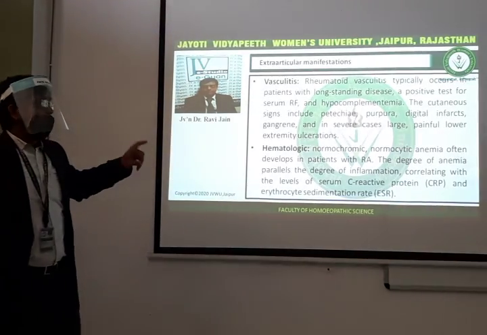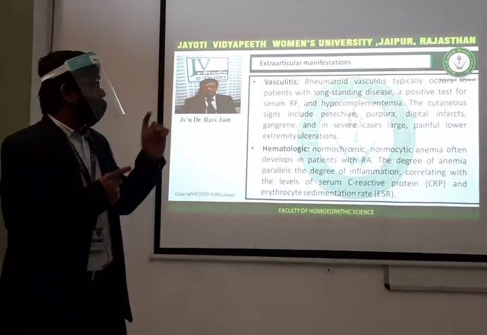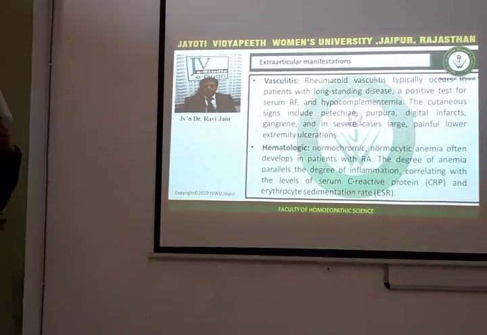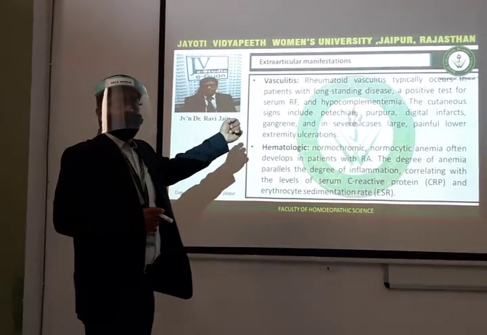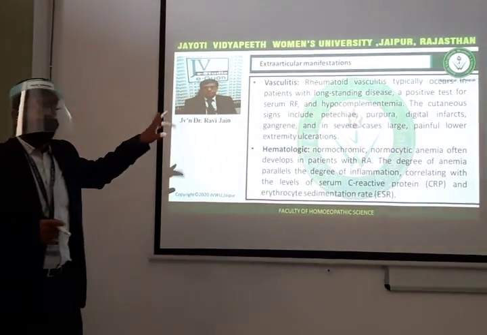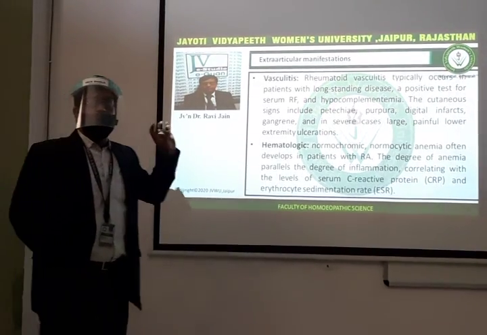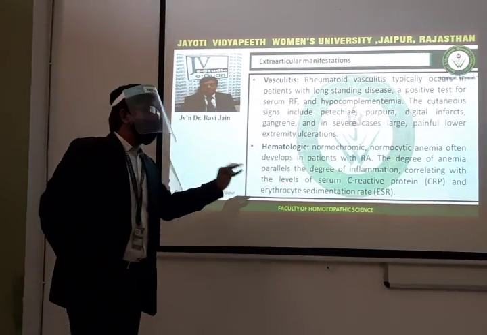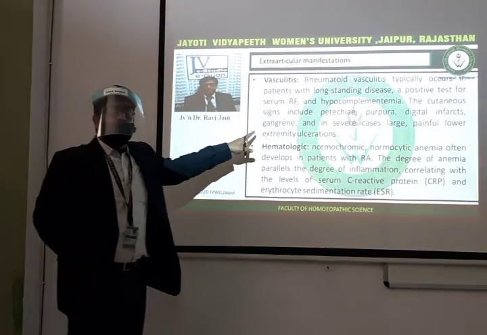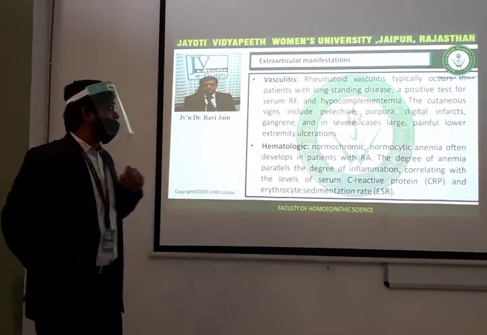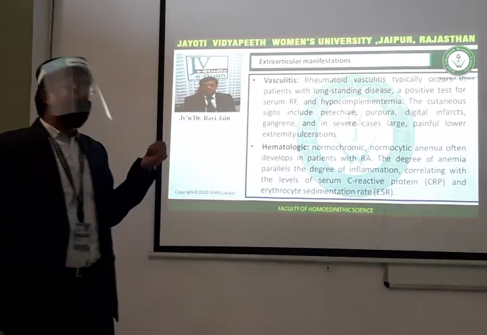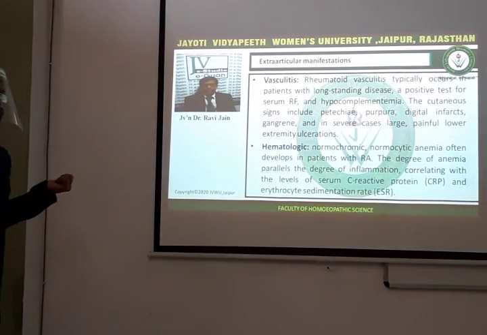The cutaneous signs that we will find in case of vasculitis include petechial hemorrhages, small bleeding surfaces, purpura, and digital infarcts. You will find infarcts in the digits. As the disease progresses, you can find gangrene, and in severe cases, painful lower extremity ulcerations are found.